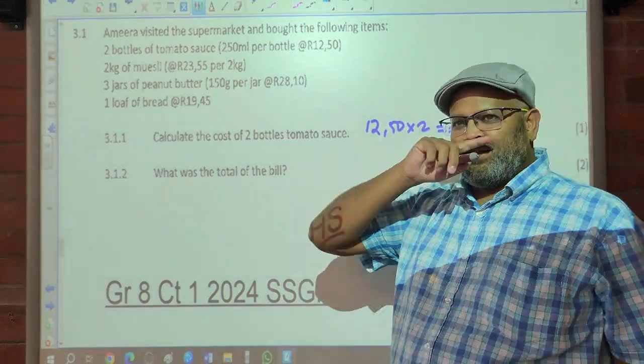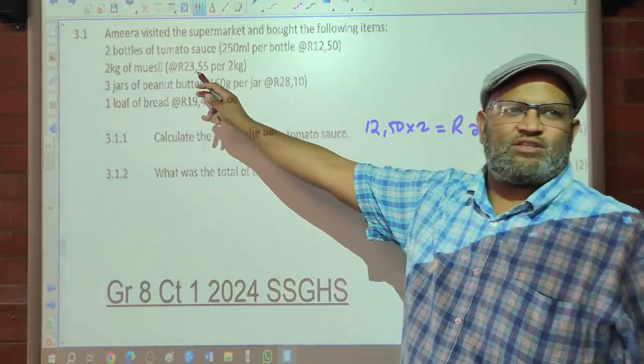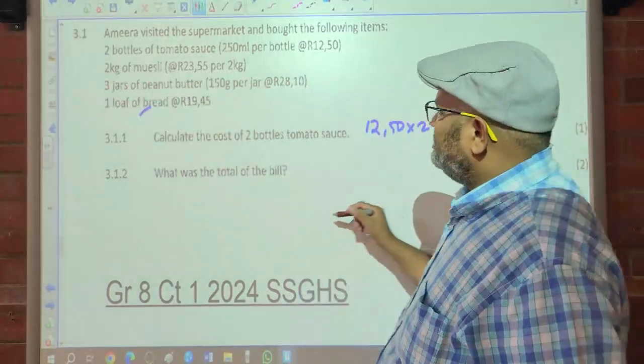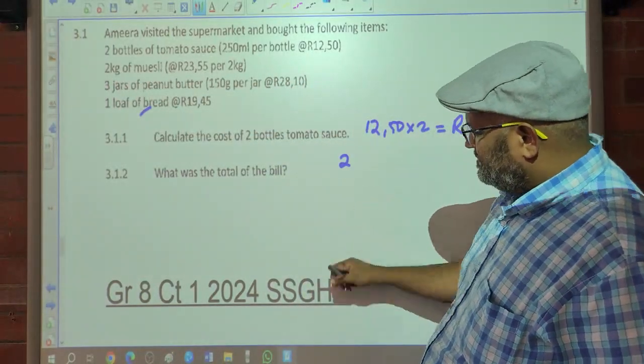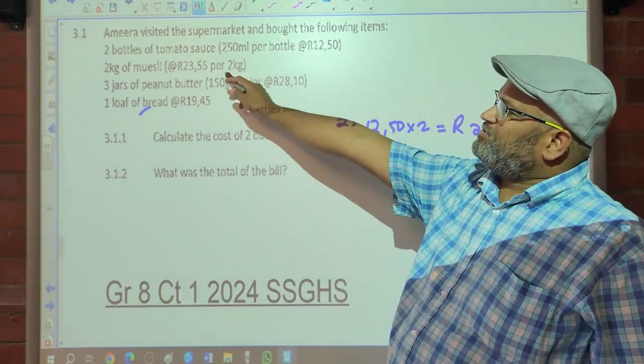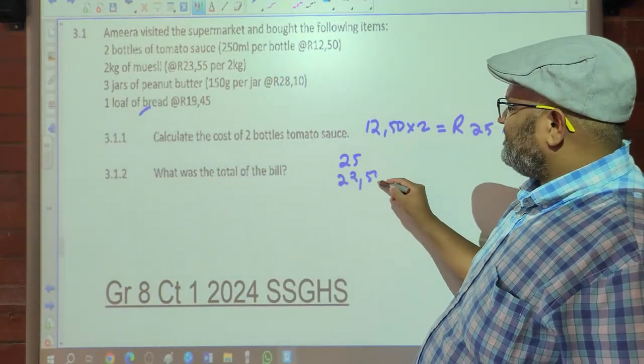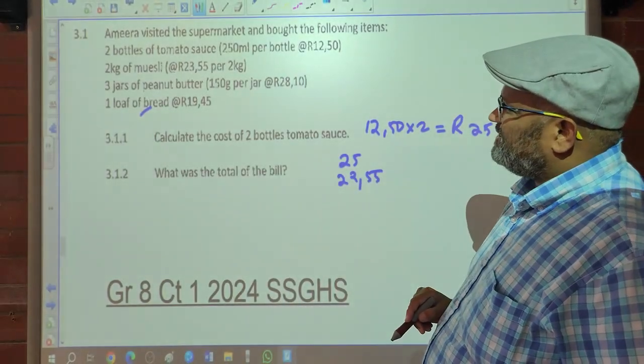What's the total cost of the bill? How many tomato sauces are we buying? 2. So it's going to be 25 rand. 2 kilograms of muesli, which is 23 rand 55 cents per 2 kilograms.